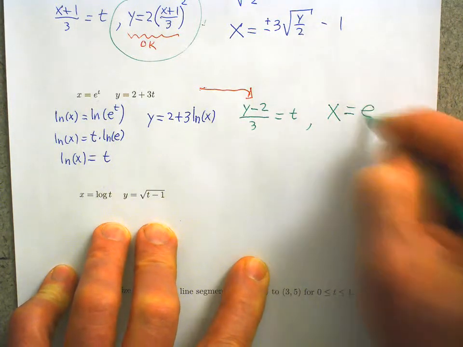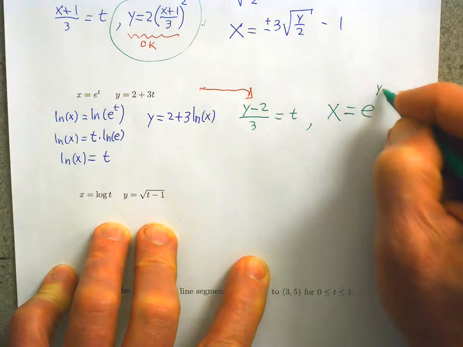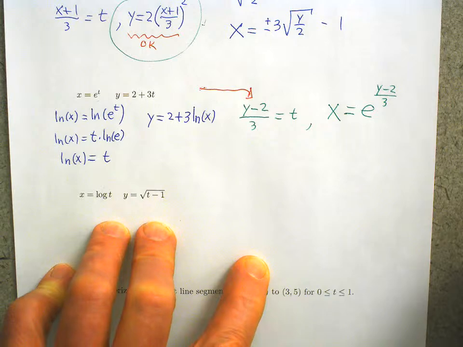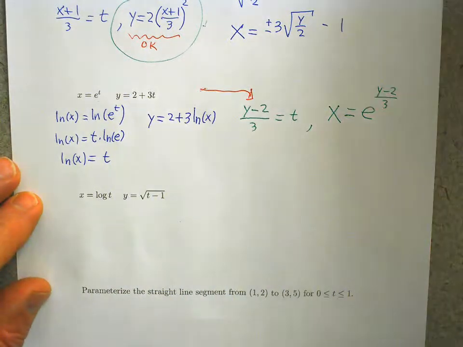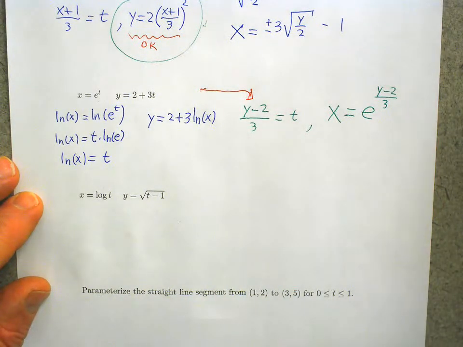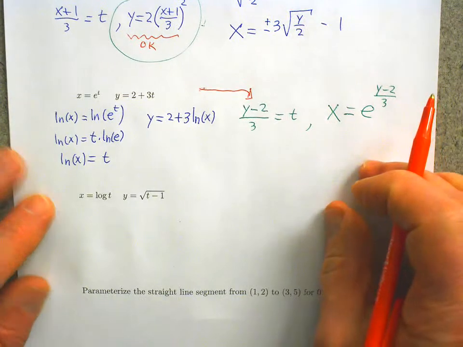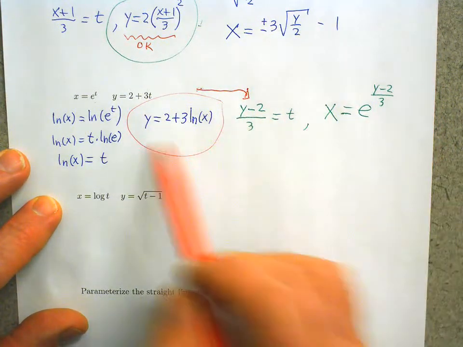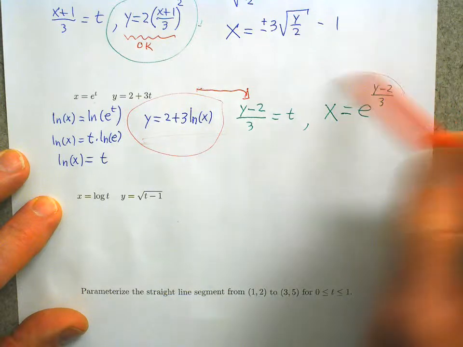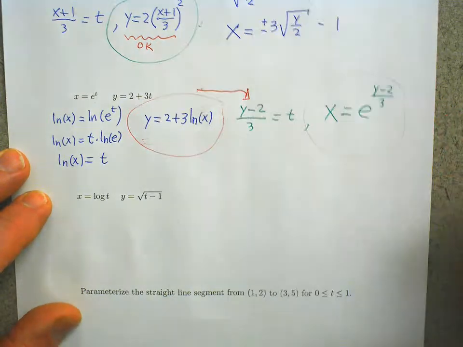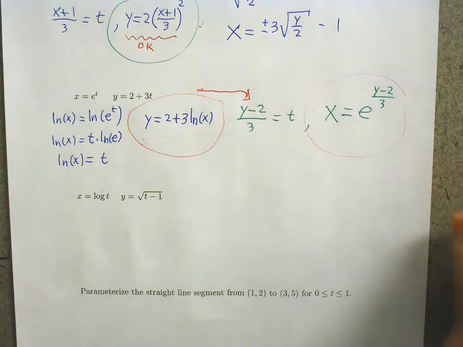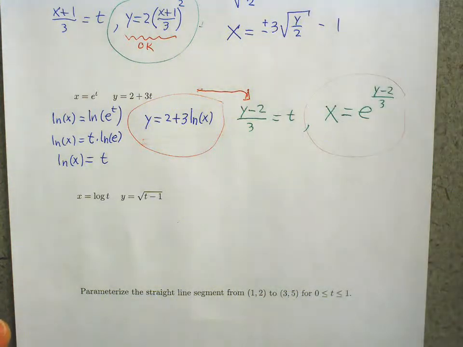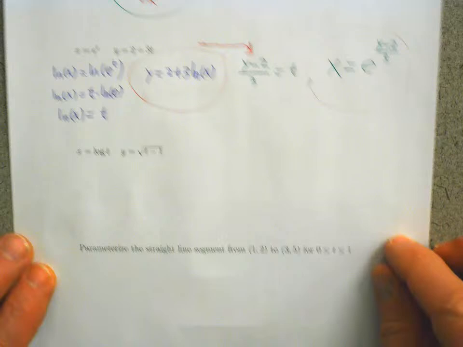We just replace t with y minus 2 over 3. I really like logarithms, so I might choose this one, even though the other one is just as good, I guess. Okay, let's try another one.